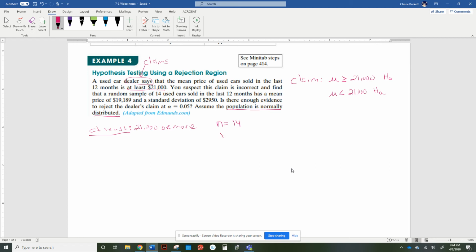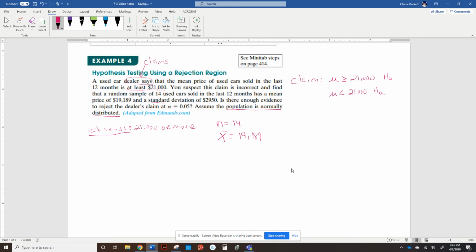You found that the sample, these 14 cars, had a mean selling price of $19,189 and a standard deviation. Now, see how it just says standard deviation? It doesn't say population standard deviation. And if you pay attention to the sentence structure, you see right here that it says the random sample of 14 cars has a mean of this and a standard deviation of this.